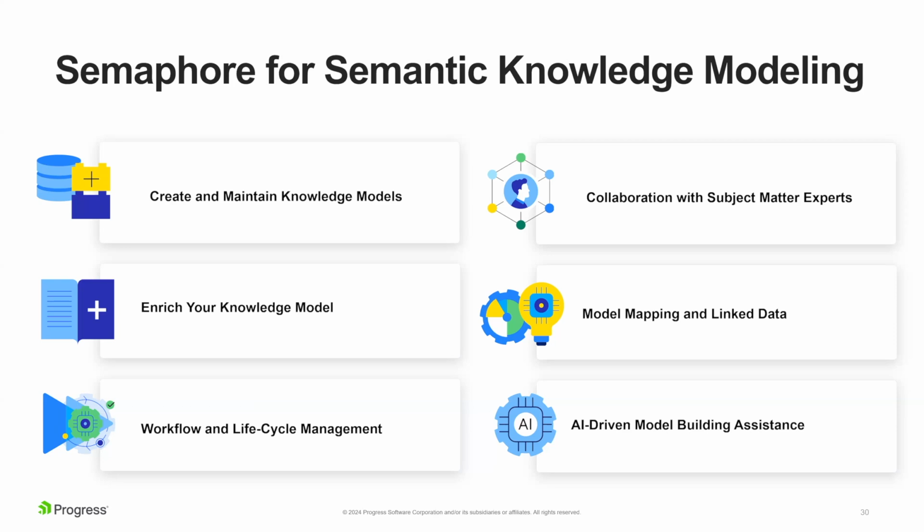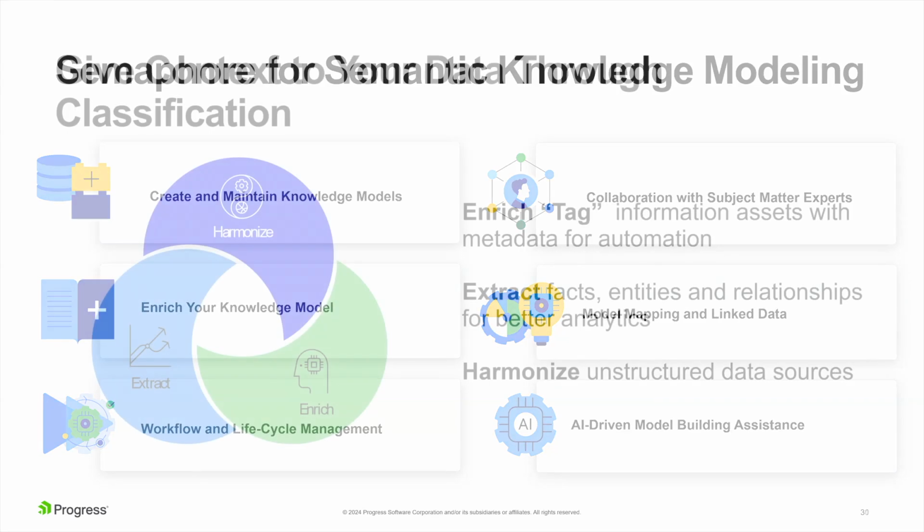You can map, model, and link all your data together. We've seen that with relationships. We didn't talk about it today, but Semaphore is amazing for governance, workflow, life cycle management. The governance aspect of Semaphore, I believe, is second to none of any of these platforms. And then you've seen the AI-driven model building assistance, which is the newest part of Semaphore.